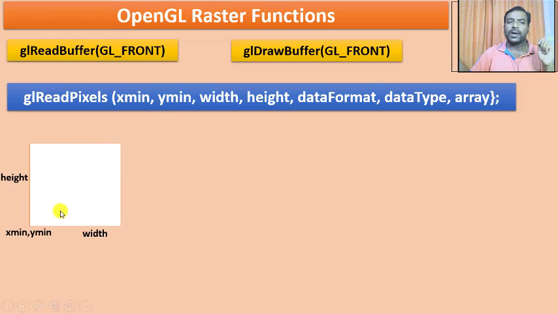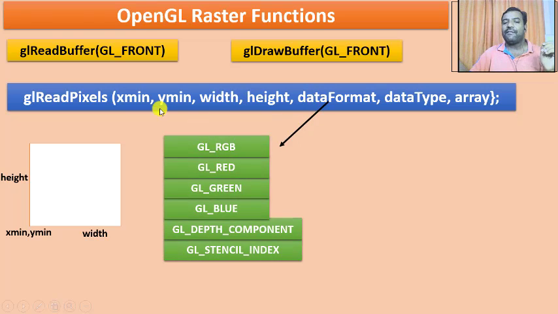Once the block has been created, next you need to tell what type of data format you are going to read or store. These are the available data formats. Either you read all three color components as GL_RGB if it is the RGB color model, or if it is an index color model you can use GL_COLOR_INDEX. If you are reading only the red pixel information, GL_RED; only green, GL_GREEN; only blue, GL_BLUE.